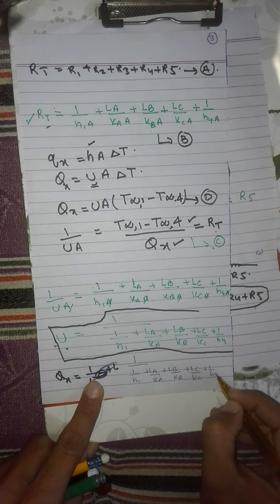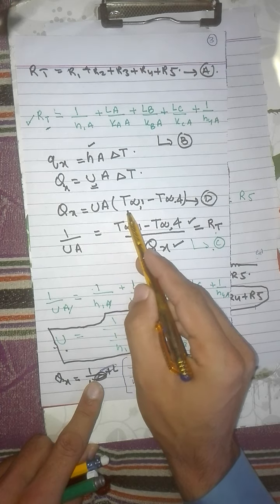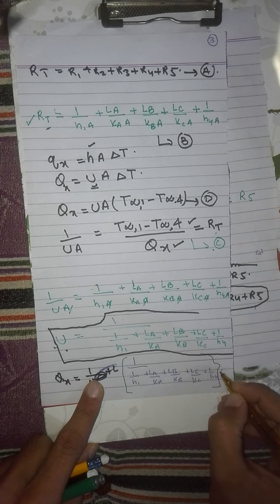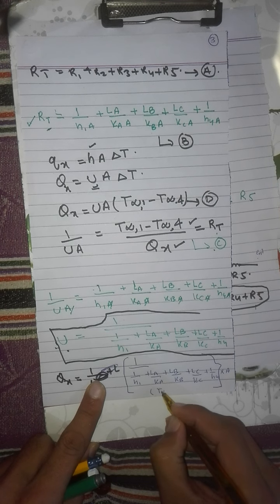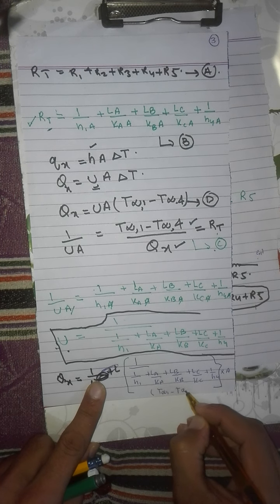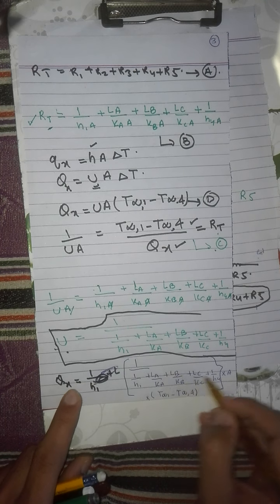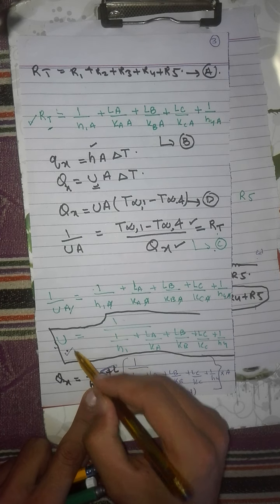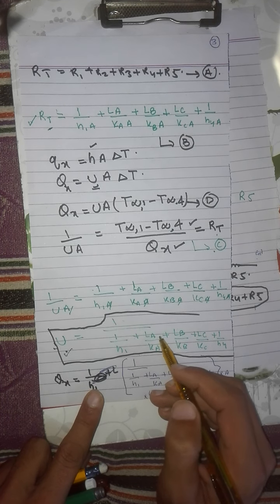This is the overall heat transfer coefficient, which is multiplied by area, into T infinity 1 minus T infinity 4. So this is the overall heat rate, and the overall heat transfer coefficient is represented by this equation.